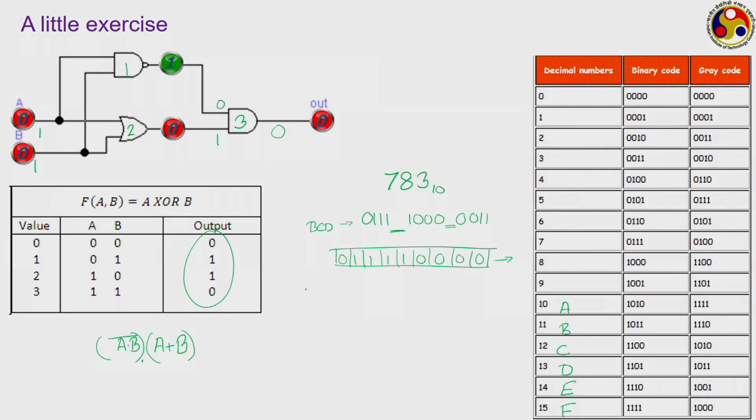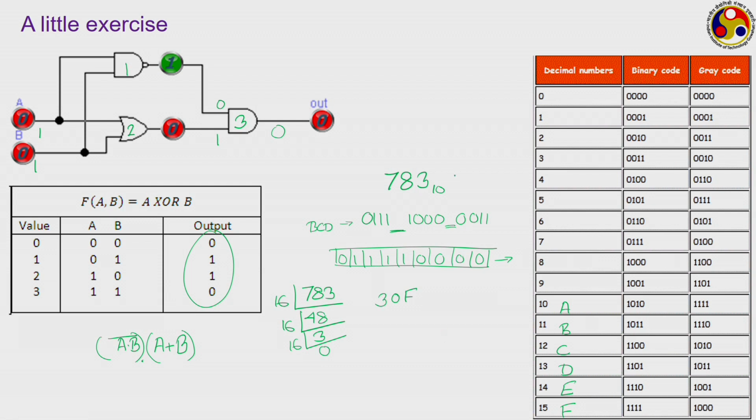So, here we have 783. Let us first convert this to hexadecimal. So, we divide it by 16. Once we divide it by 16 we get 48, leaving us 15. 15 in the hexadecimal sense is F. So, our remainder is F. Then we divide 48 by 16, we get 3 and leave 0, and then dividing 3 by 16, we get nothing, with a remainder of 3.